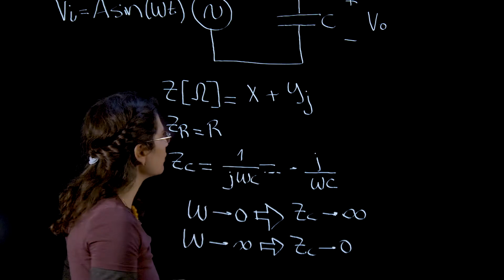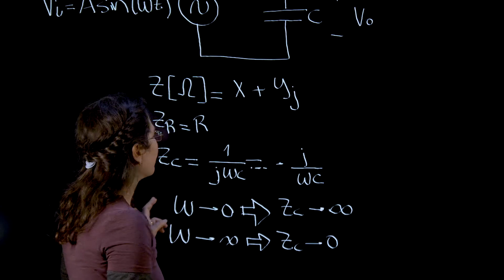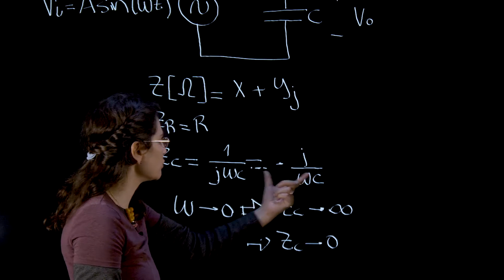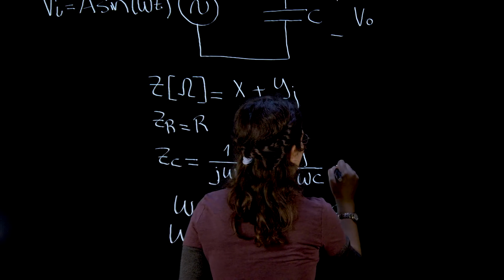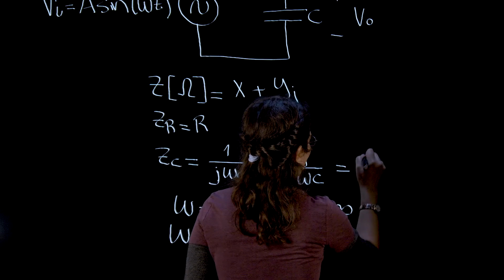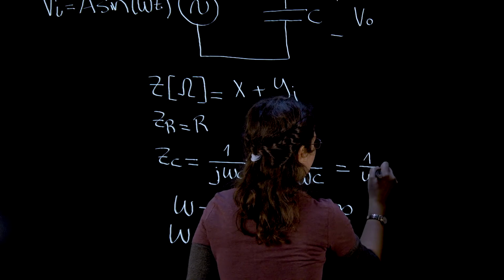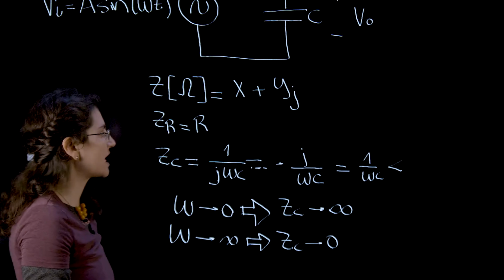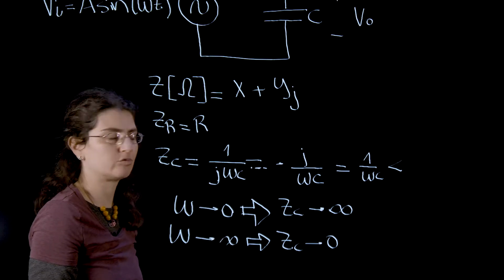So in this case, for instance, the impedance of the capacitor in phasor form would be the magnitude of this number, which is going to be 1 over omega C, with a phase, which is the inverse tangent of the imaginary over the real.